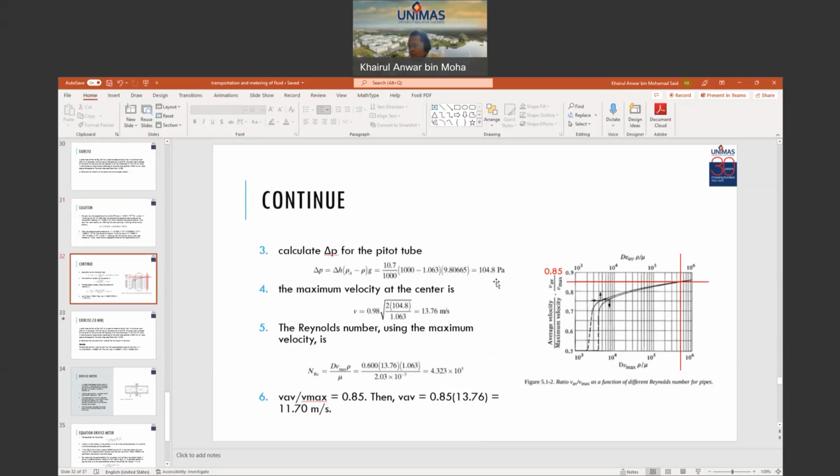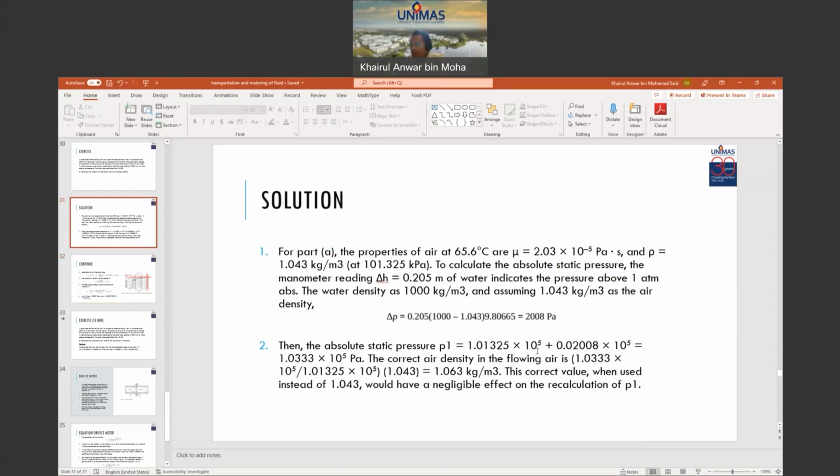So you get like 104.8 Pascal. The maximum velocity at the center is V equal to 0.98 times the square root of 2 times 104.8 over 1.063. So 104.8 is coming from delta P, 1.063 is the correct density of air.